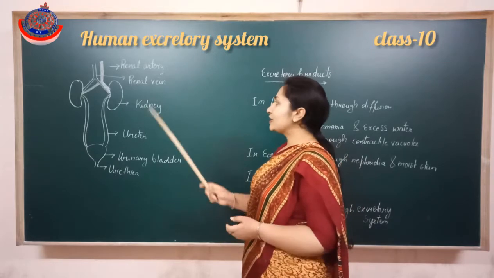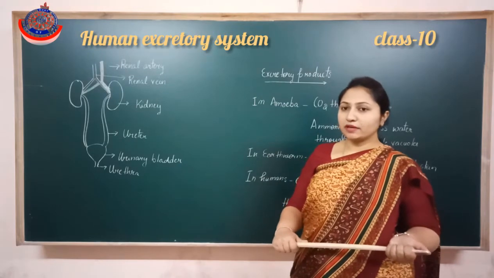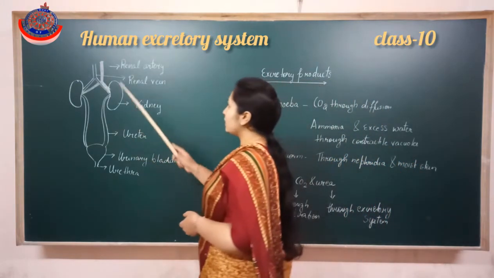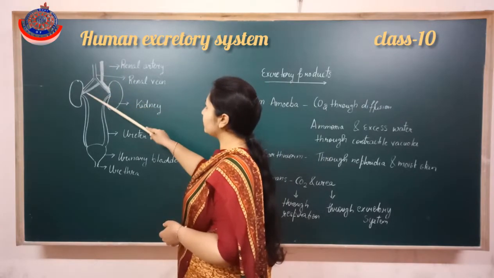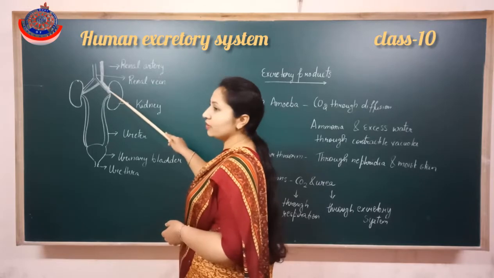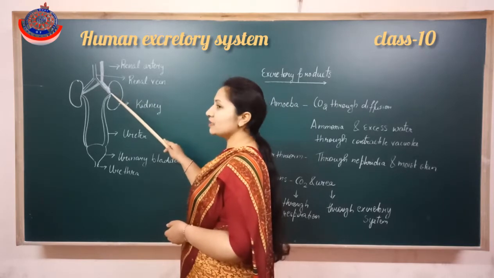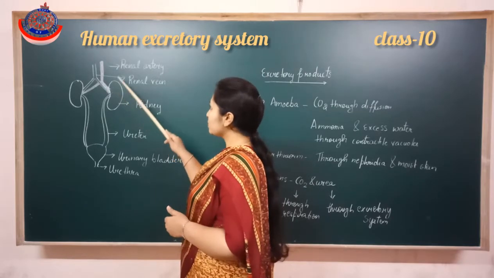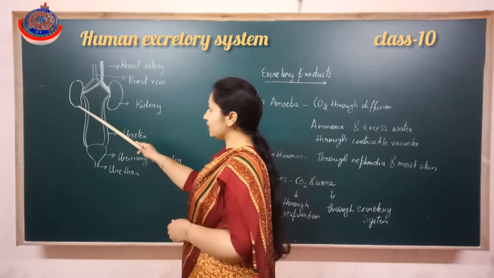Now the kidneys are responsible for the purification of the blood. How are they responsible for purifying the blood? Through the renal artery, the dirty blood, meaning the nitrogenous waste, the urea present in this blood, which has to be removed from the body, enters both the kidneys.